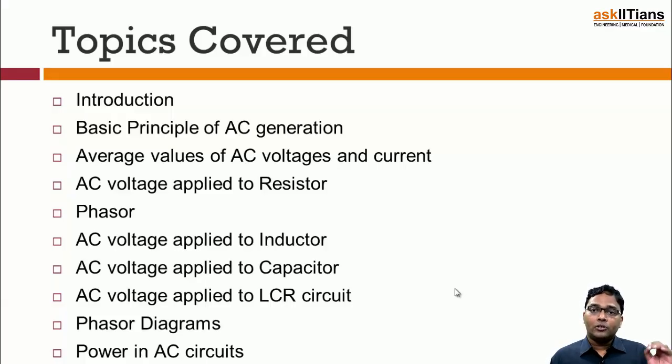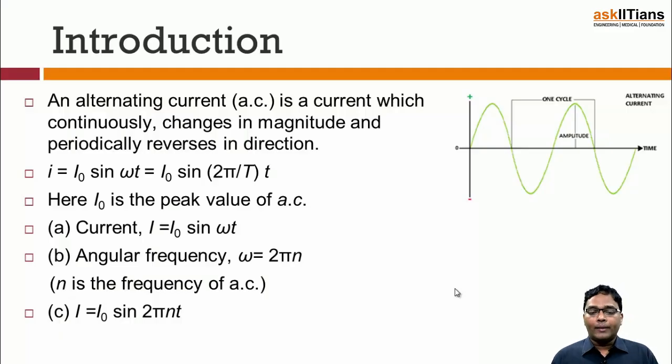Then we'll be discussing the phasor diagrams, and we'll also talk about the resonance that we achieve when we combine the LCR in series and in parallel. Further, we'll also touch upon how the power is dissipated or absorbed in an alternating current circuit. Okay, so let's start off with the introduction.